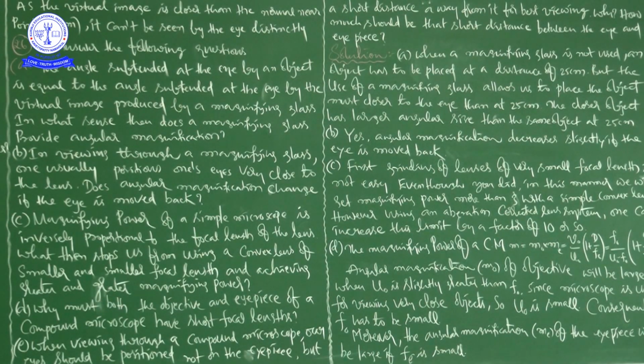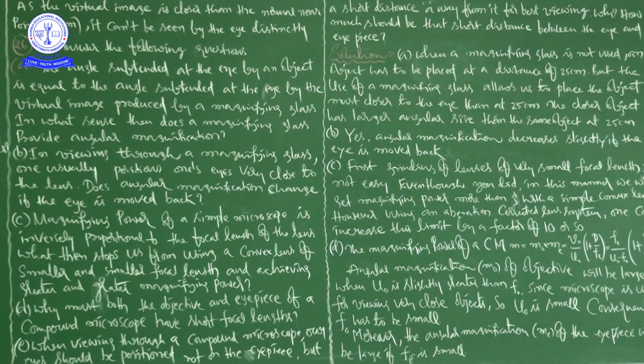A: The angle subtended at the eye by an object is equal to the angle subtended at the eye by the virtual image produced by a magnifying glass.